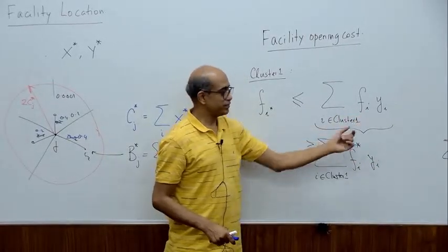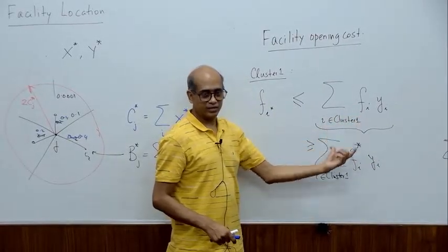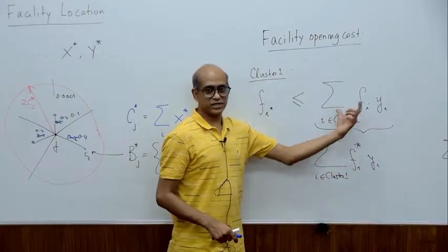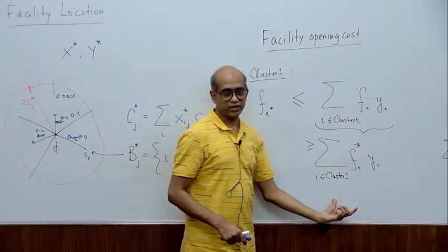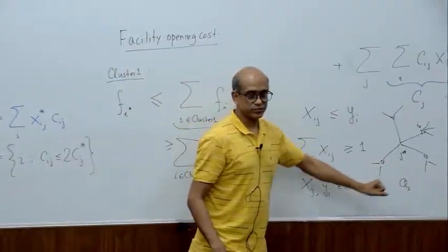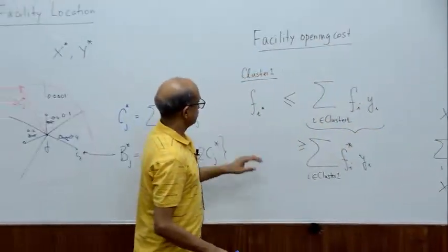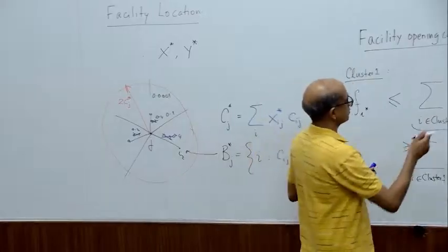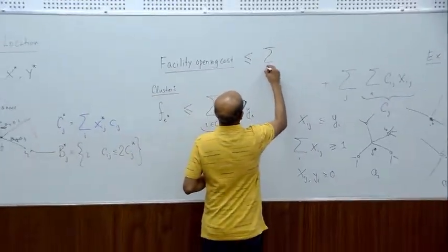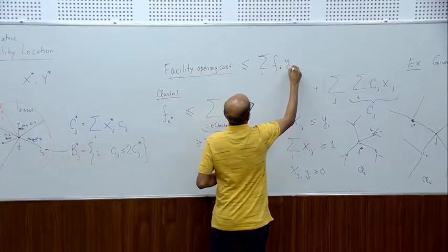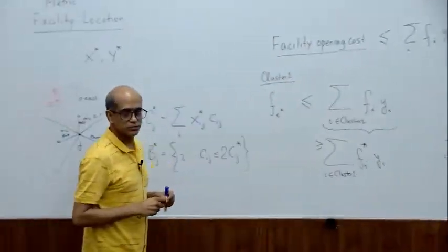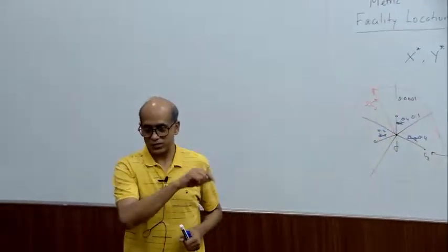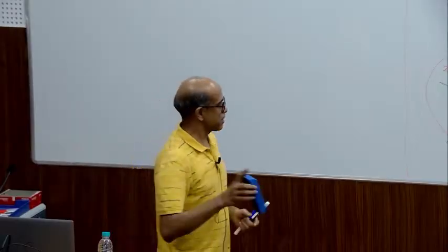Summation fi yi, because nobody is repeated. When you add it over all the clusters, no i appears in multiple of them. That's where I am using the fact that they are disjoint. So my total facility opening cost is at most the sum over all i of fi yi, where yi is the new solution after I doubled and all that.